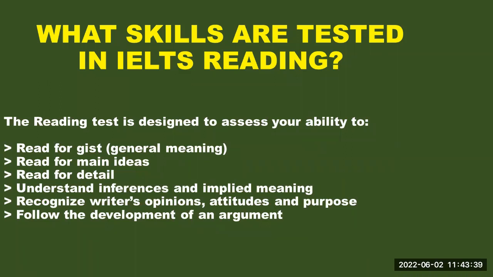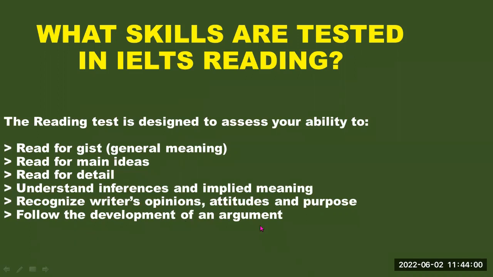One, your ability to read for gist, that is the general meaning, to read for main ideas, to read for detail, to understand inferences and implied meaning, to recognize writers' opinions, attitudes, and purpose, to follow the development of an argument.